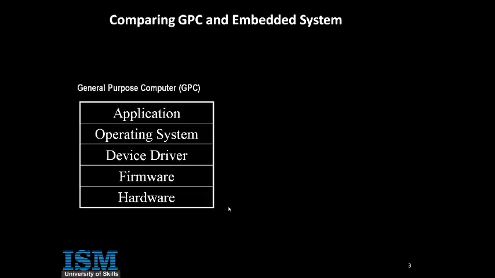Hardware, we say, is anything which is physical in your computer. Essentially, we have various devices like mouse, keyboard, monitor. In the CPU, we have motherboard, RAM, many things like that. This is what is hardware.